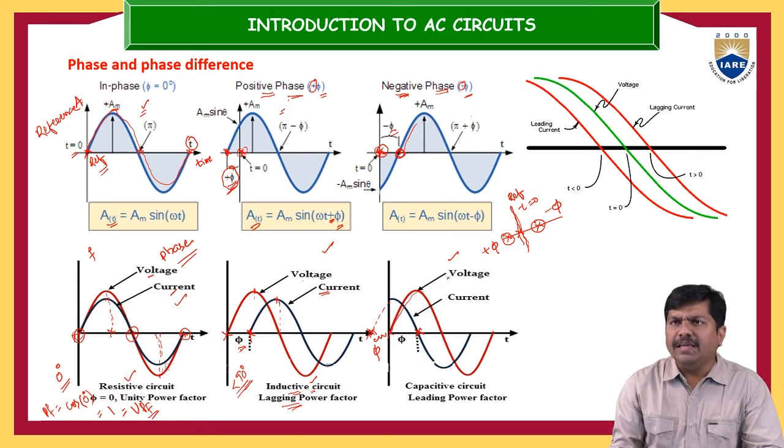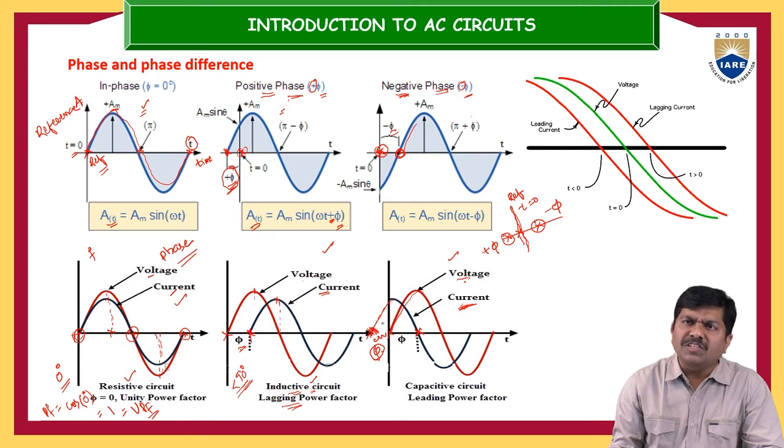Again, the voltage and current reach the peak, start at the 0 point, go back to the 0 point, and reach the negative peak, but none of the instants happen at the same time. Here the voltage was lagged by the current. The current is leading the voltage, because this current waveform originated at some angle pi, an advanced angle.